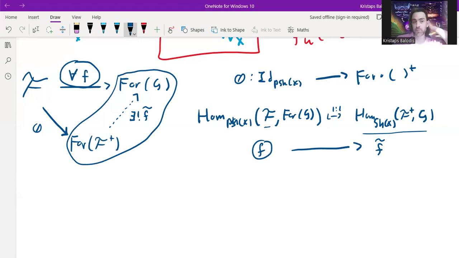And in particular, the way it's written over here, of course, I've written this F tilde as a morphism of pre-sheaves because it's the forgetting, but of course a morphism of sheaves is just a morphism of the underlying pre-sheaf. So actually, this really does give us a morphism from F plus to G. And so the claim is that this, in fact, is all possible, that this is a bijective correspondence.